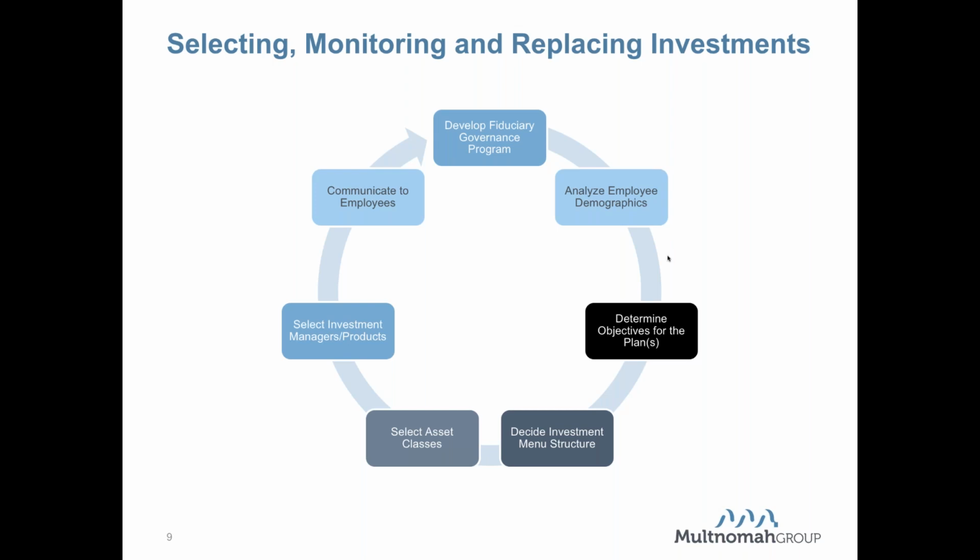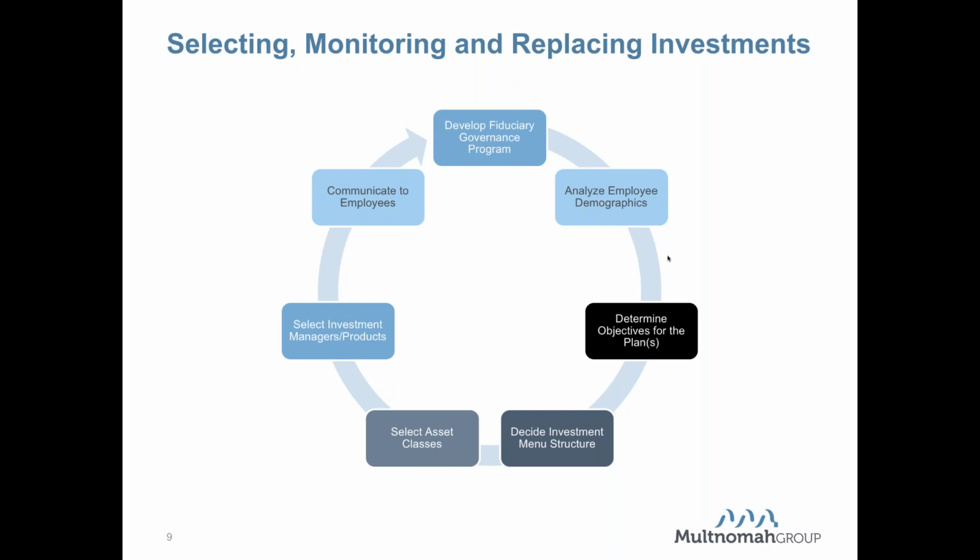A big piece of it is defining objectives. In the defined benefit world, one of the great benefits was that we all knew what the objective was. The objective was to make sure that the plan was fully funded, that there was low volatility of potential return outcomes, and that the plan sponsor had adequate resources to make good on the benefit promises. Trying to drive consensus about objectives in a defined contribution plan becomes more murky.